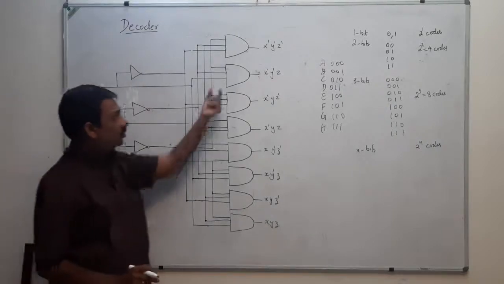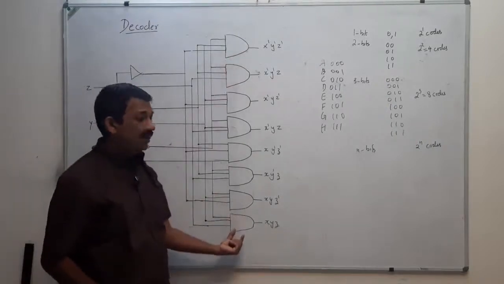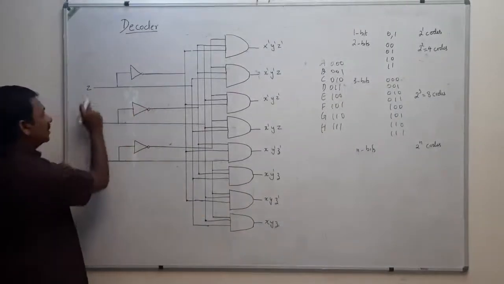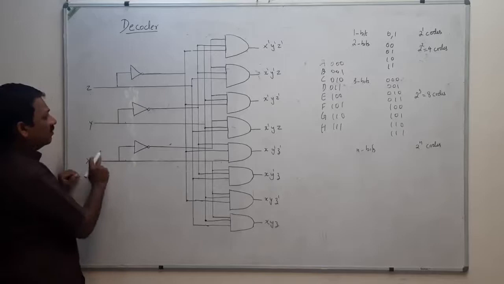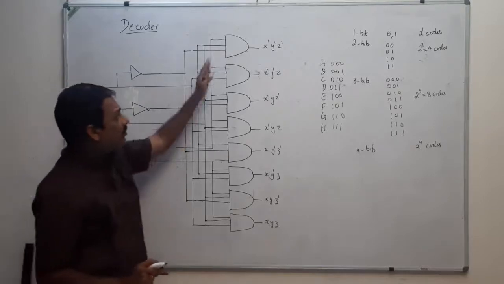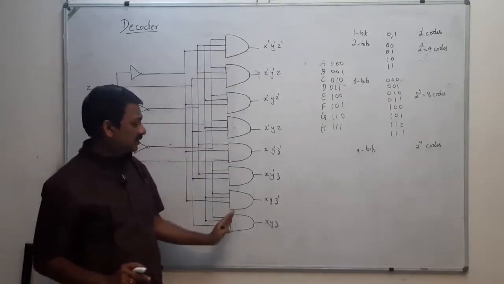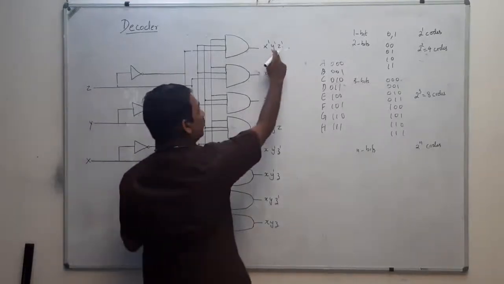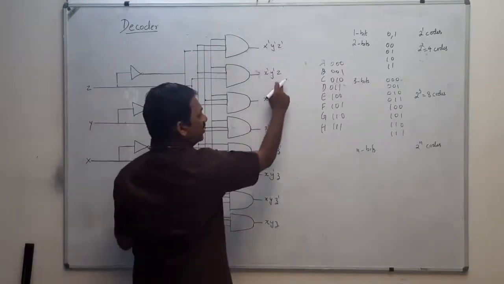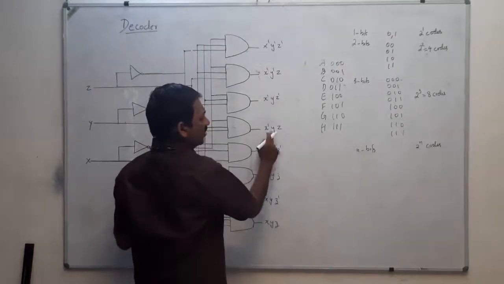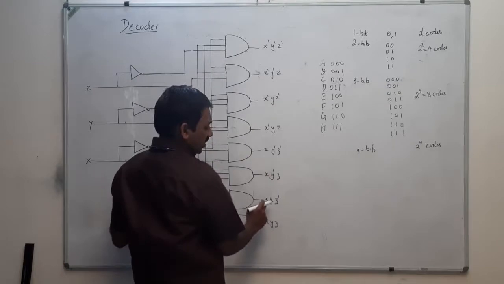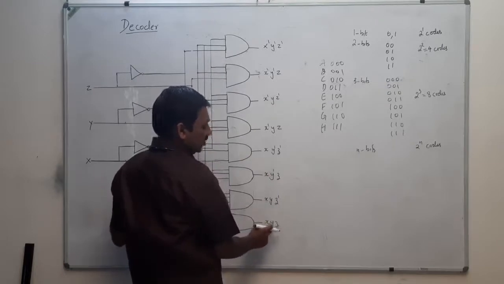Now, we are going to have 8 different AND gates, and x, y, z and x bar, y bar, z bar are put as the inputs of these 3-input AND gates, and you get x bar y bar z bar, x bar y bar z, x bar y z bar, x bar y z, x y bar z bar, x y bar z, x y z bar and x y z.